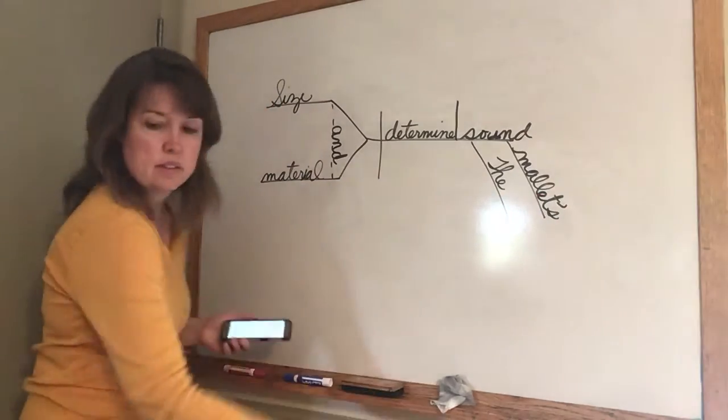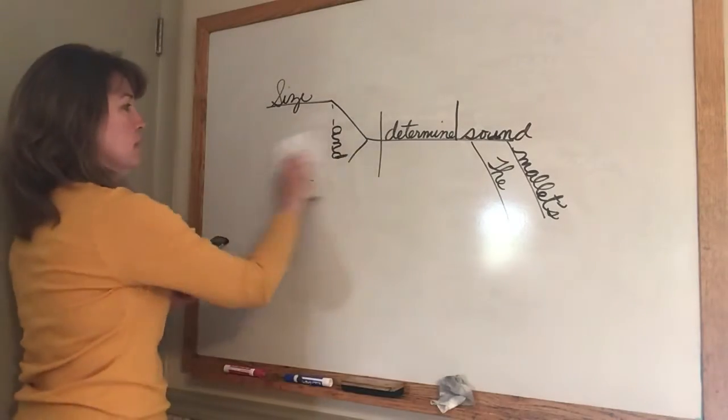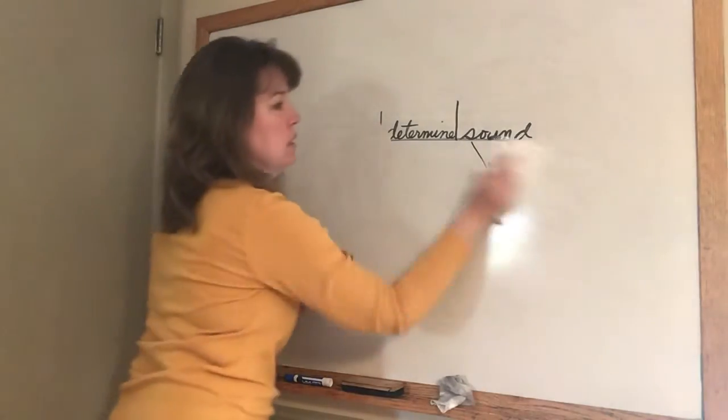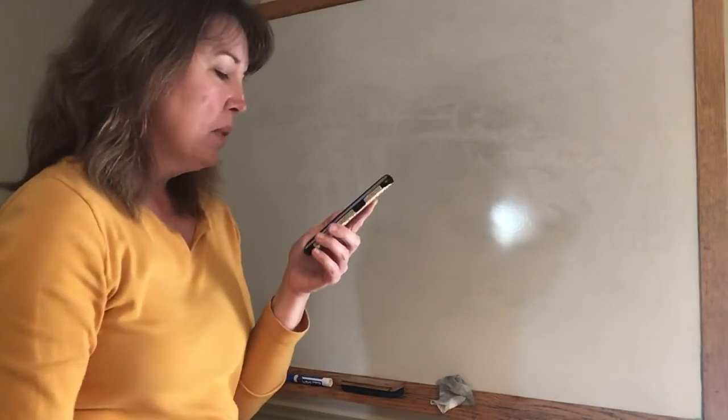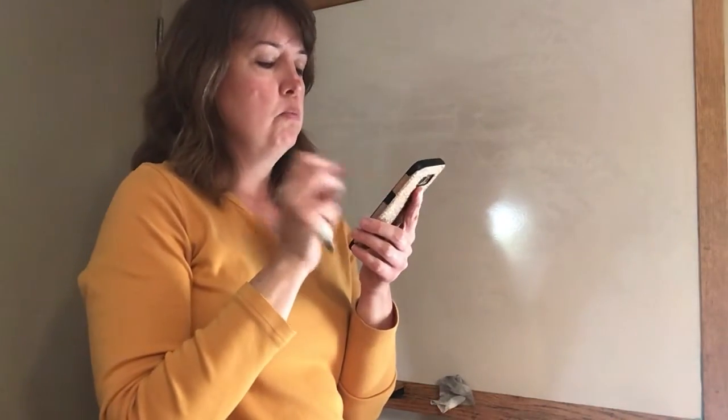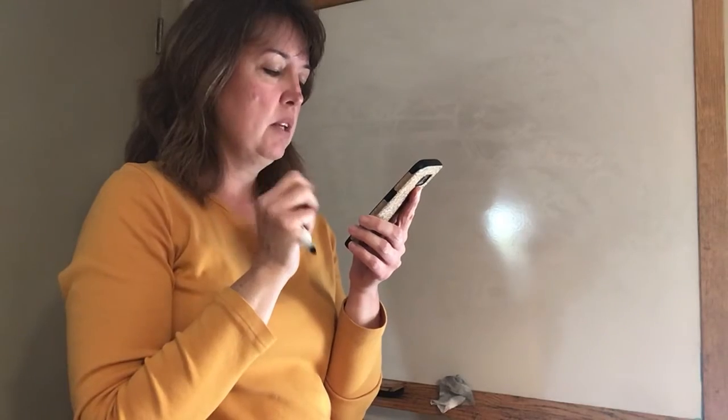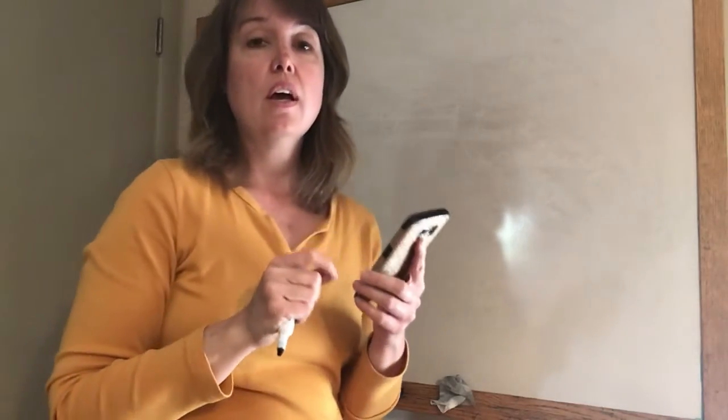All right, let's do number 3. Padded mallets make a muted sound, but a hard mallet makes a sharp sound. So what are your subjects and verbs? Okay, so actually we have two subjects, two verbs. We have two sentences connected.